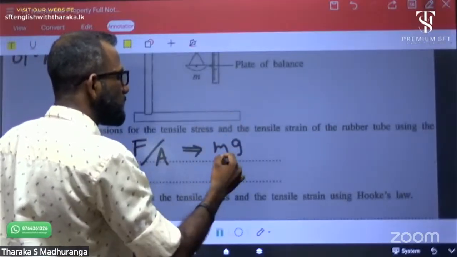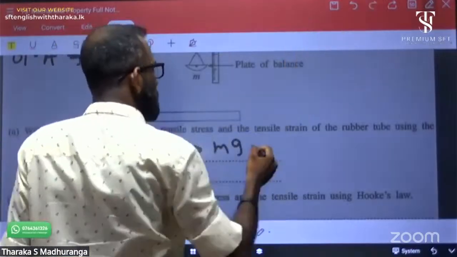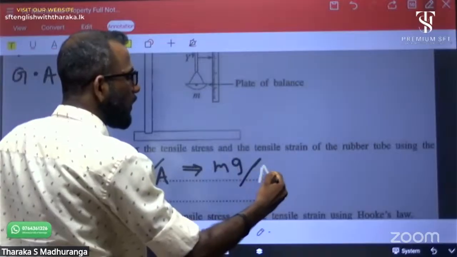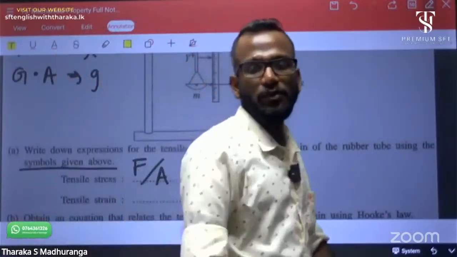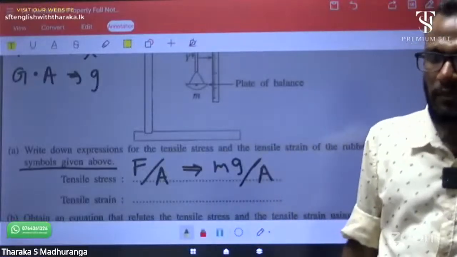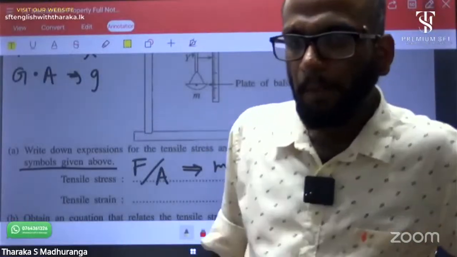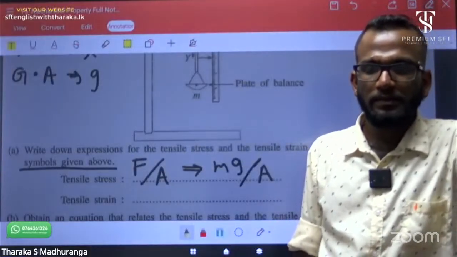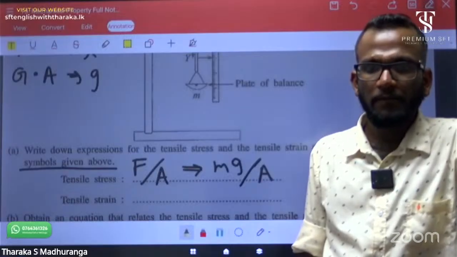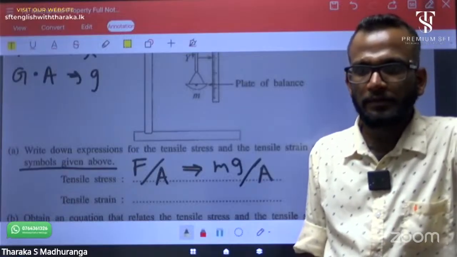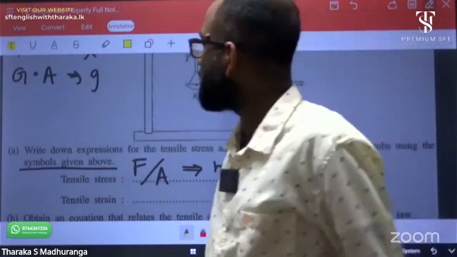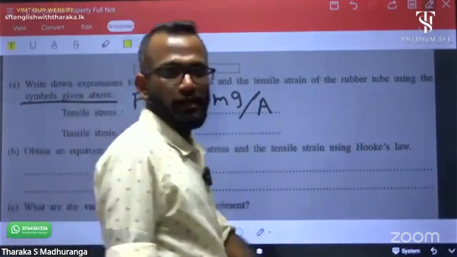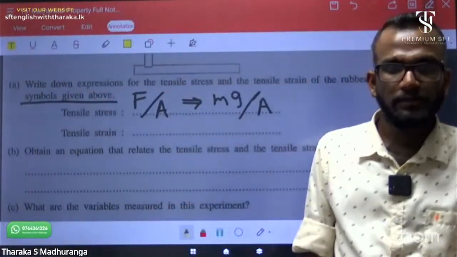Mg is the weight, divided by the cross-section area A. If you write this answer, you can get full marks. Good. Mg over A.